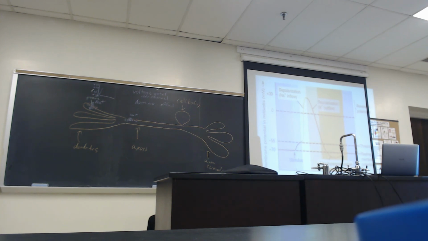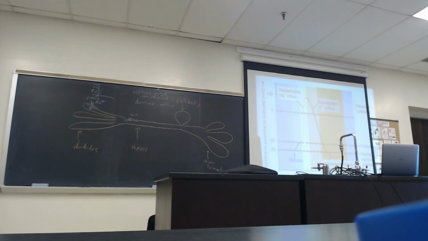Negative 70. Starts there. But when you have this action potential, no slight change in going positive, a great change in going positive. You see that? What's it a result of? Sodium rushing into the cell. Is that right? Very good.